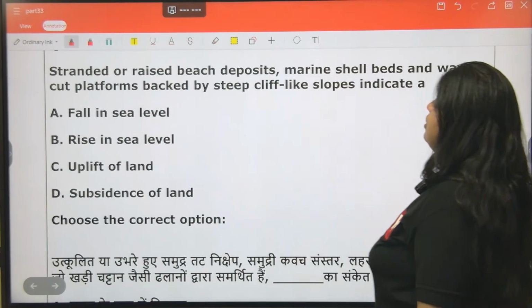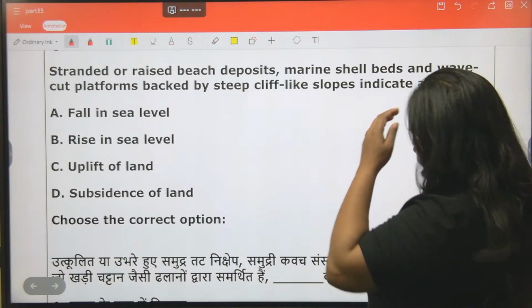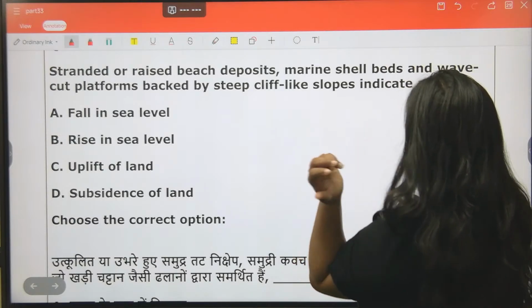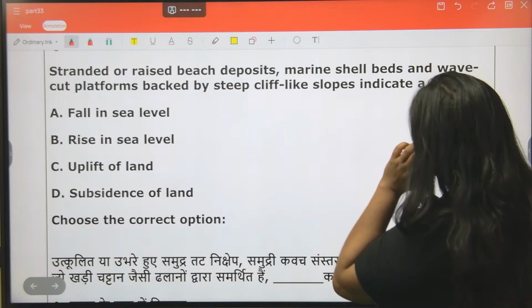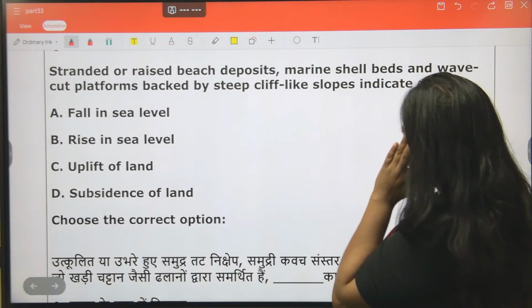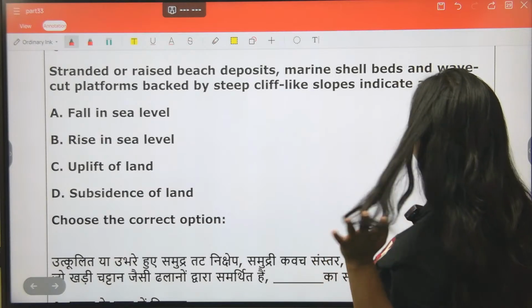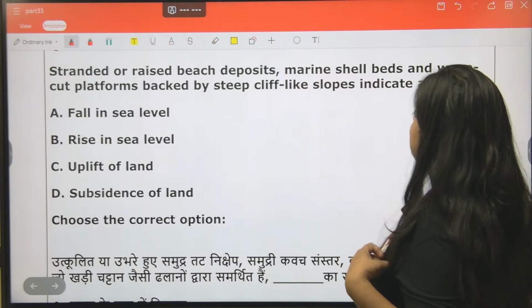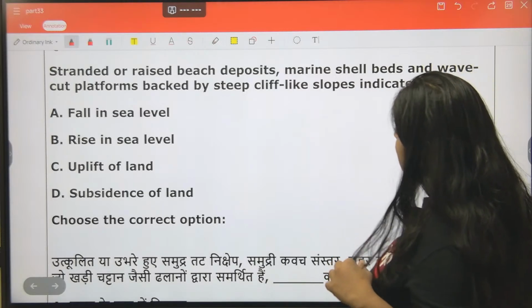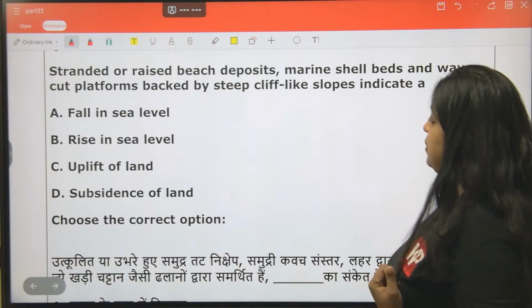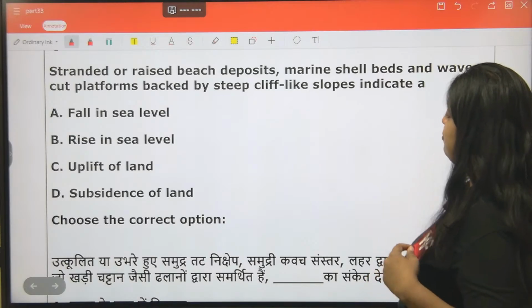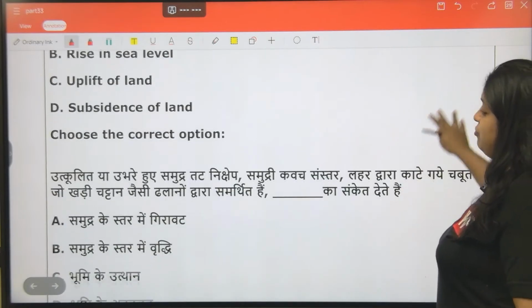Stranded or raised beach deposits, marine shell beds and wave-cut platforms backed by steep cliff-like slopes indicate a fall in sea level, rise in sea level, uplift of land, or subsidence of land. These are the four options.